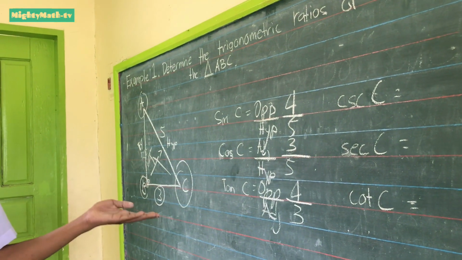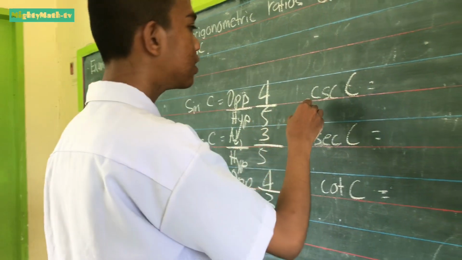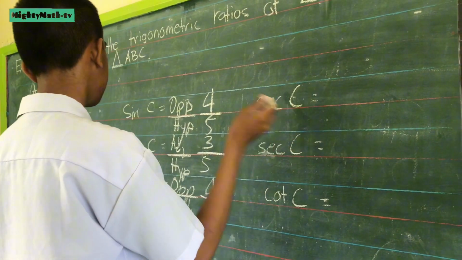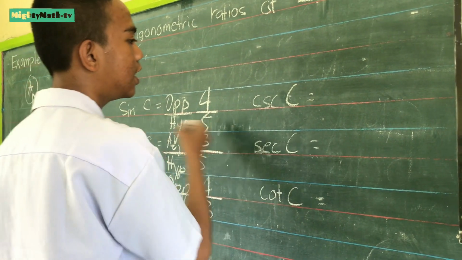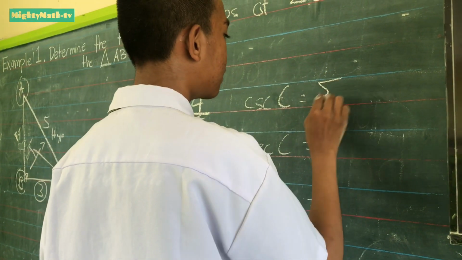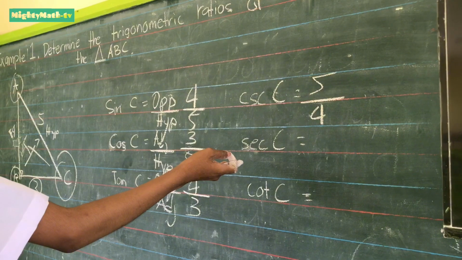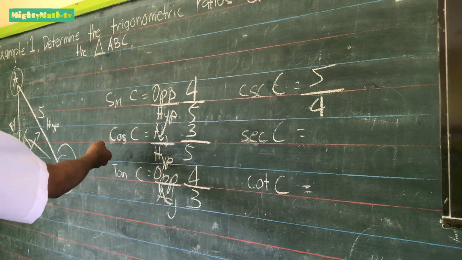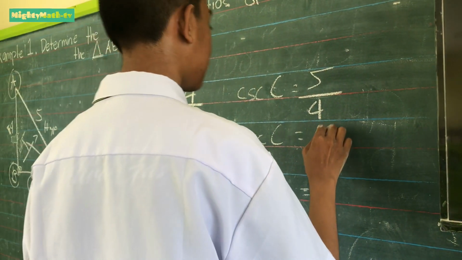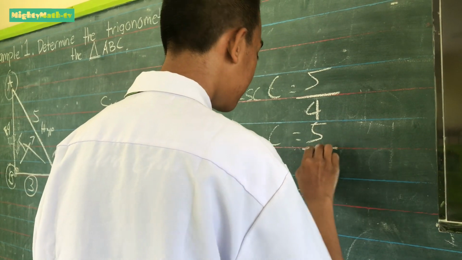It's 4 over 3. If we answer cosecant C, we know that it's the reciprocal of sine C, so 5 over 4. And the same for secant C, but it's for cosine, so it's 5 over 3.